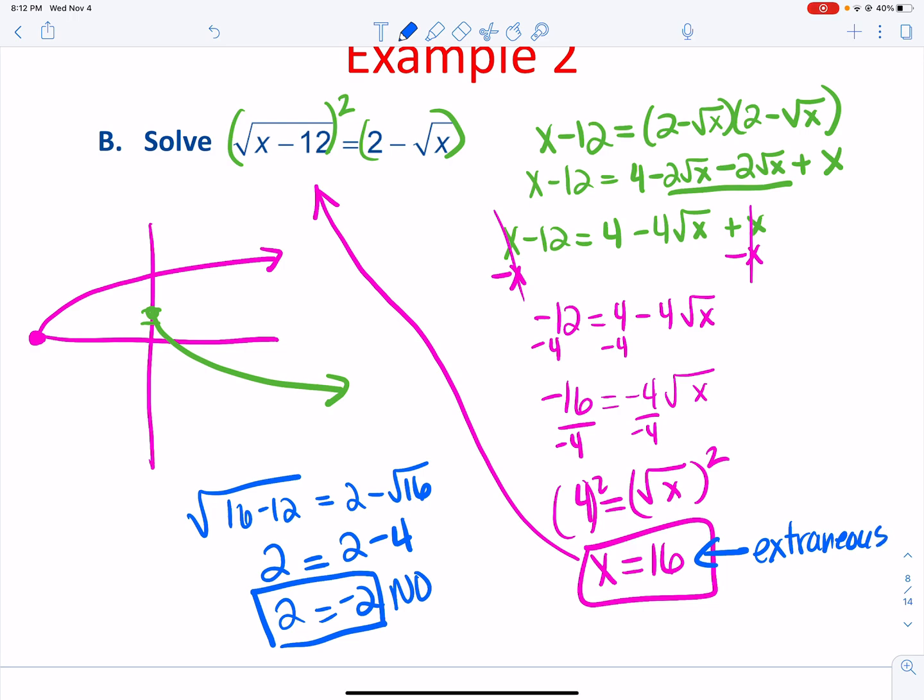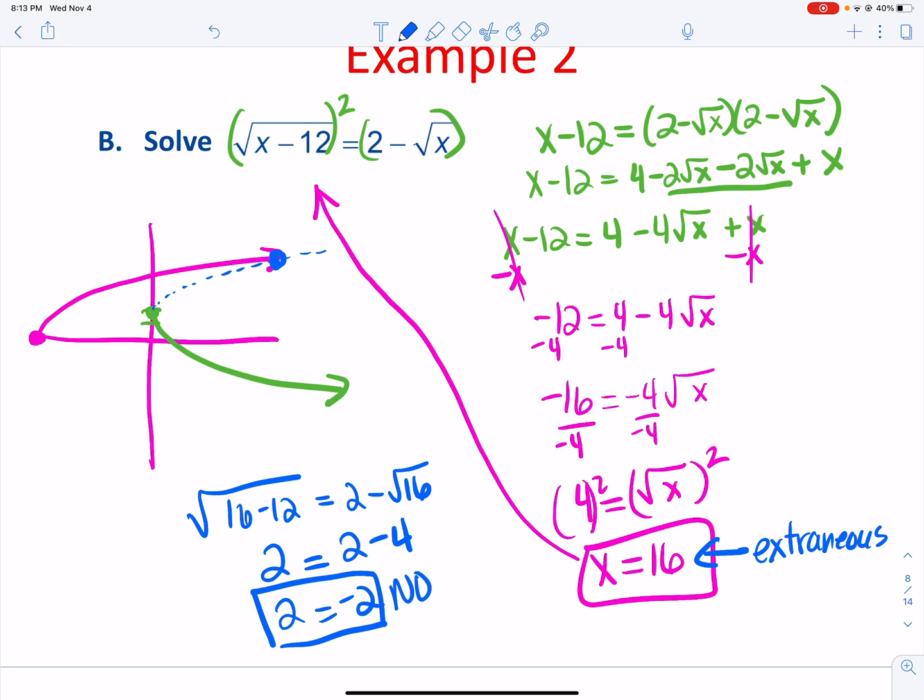Because what that is saying is that that 16 is an answer when I do the algebra, but when I put it back in, you can look at the graphs, they don't hit each other. Honestly, what that 16 would be, and you can see this really well on a graphing calculator, is the other part of that answer if this was flipped.